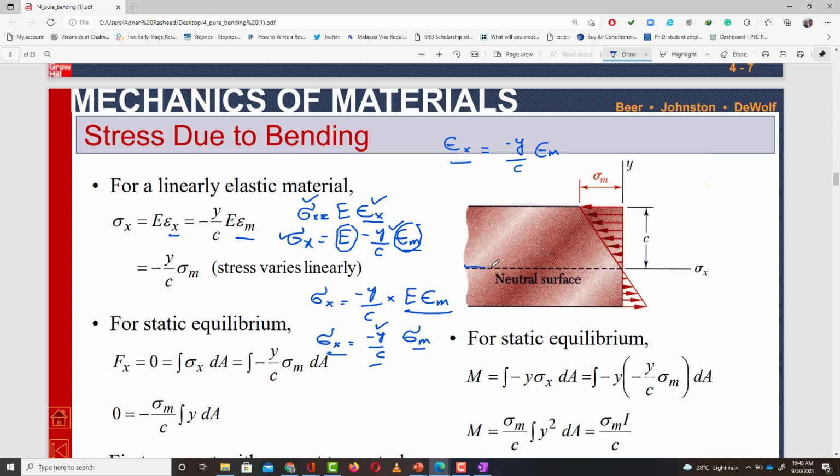If this is the neutral axis, then from this equation, if you put y equal to 0, 0 divided by anything is equal to 0, so stress at the neutral surface will be 0. If you increase y to any value, there will be stress, negative stress. This negative stress will be maximum when y becomes equal to c. So the magnitude of sigma x will be equal to sigma m. Clear?